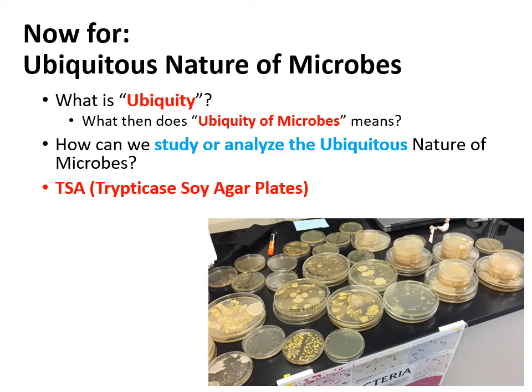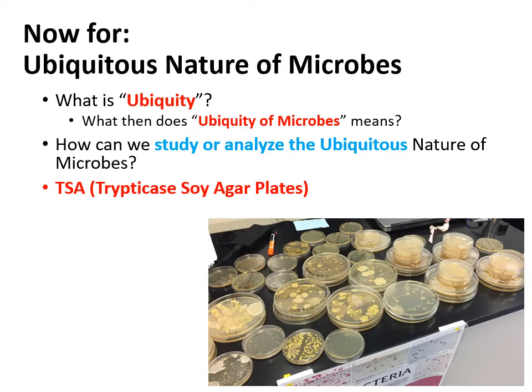So the way we use these TSA plates to study or analyze the ubiquitous nature of microbes is by doing air sampling of the air around you. We do hand prints, and we used to do mouth prints or mouth swabs, but that won't really be allowed anymore due to the changes that the COVID pandemic made universities see.